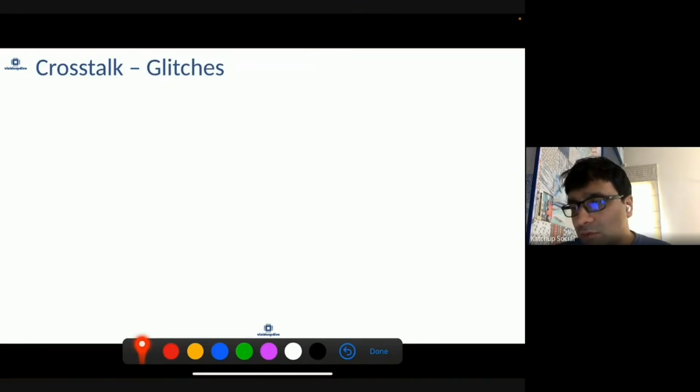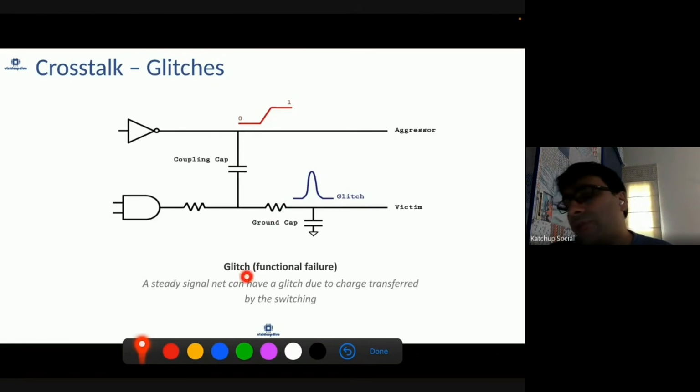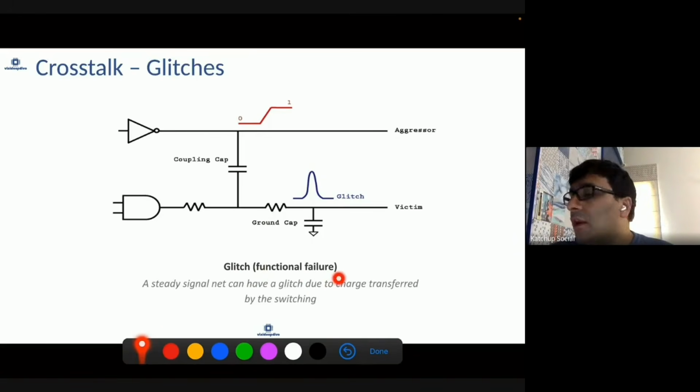There can be another situation where this signal is changing while this signal is not changing. Because of that coupling capacitance, this signal can have a slight pulse or a glitch which can come up, and that can cause functional failures. So if the signal is not changing, it can cause a glitch, and if both signals are changing, it can cause delay to become more or less.